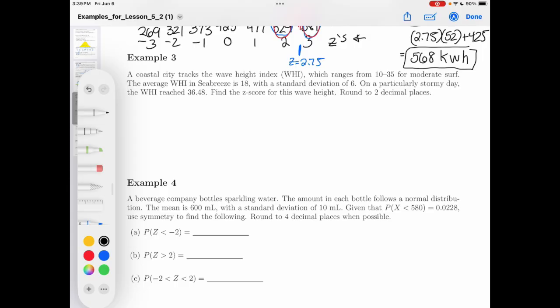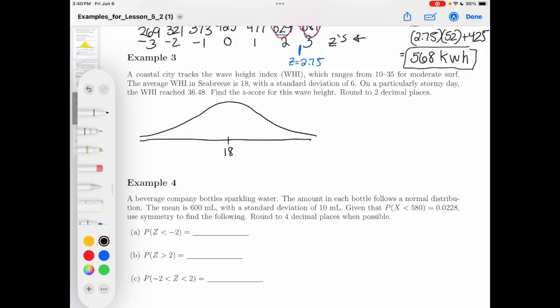All right, let's draw the graph. That's pretty bad. I'm going to redraw that. Okay, it says the mean is 18, so that's going to go in the middle.